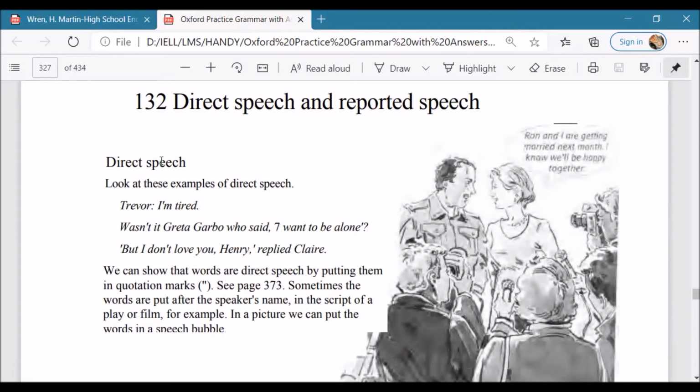We say it is direct speech when we use the words in quotation marks, showing that these are their exact words. So we have some examples here. Let's see this conversation. It's a very basic conversation, and let's see the difference between reported speech and direct speech. Trevor said, "I'm tired."